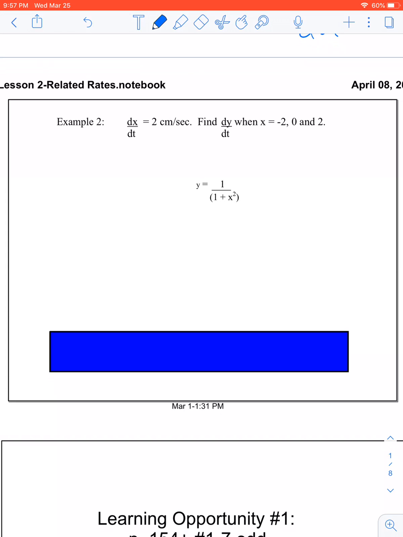I'm going to do an algebra rewrite step. I'm going to choose to write this as 1 plus x squared to the negative first, so that when I differentiate with respect to time, I get dy/dt is equal to, and you know what I'm going to do? Let me move that over.